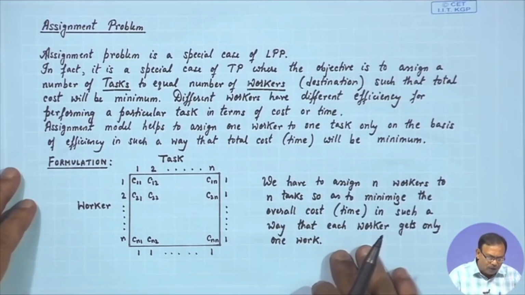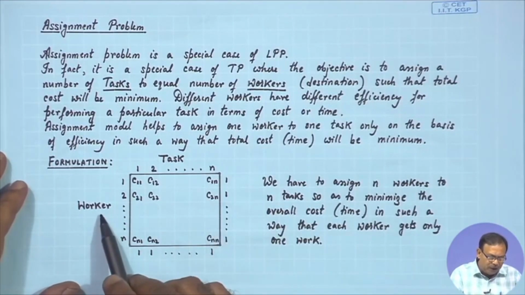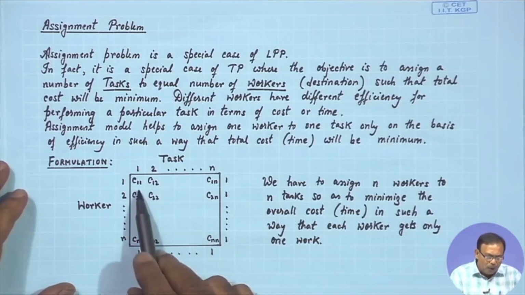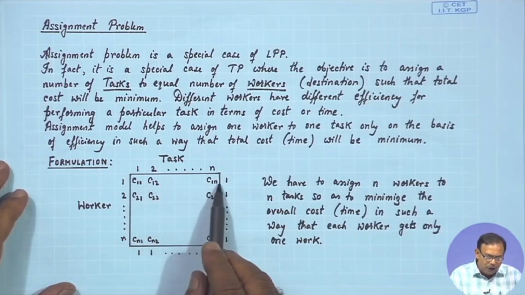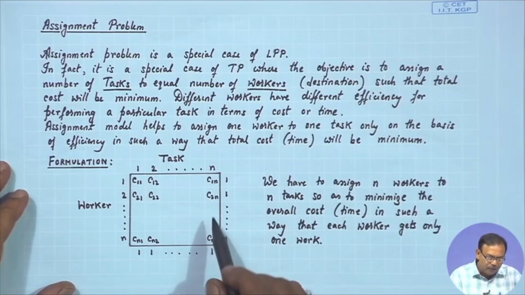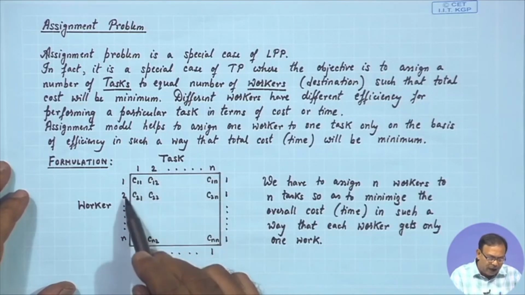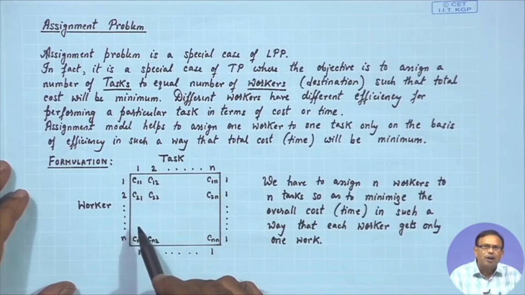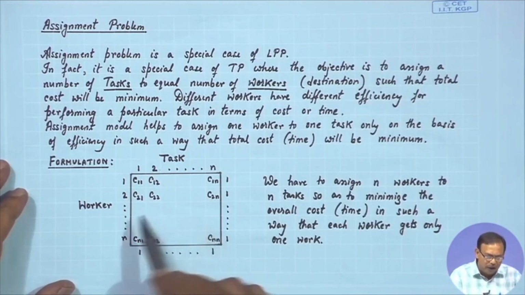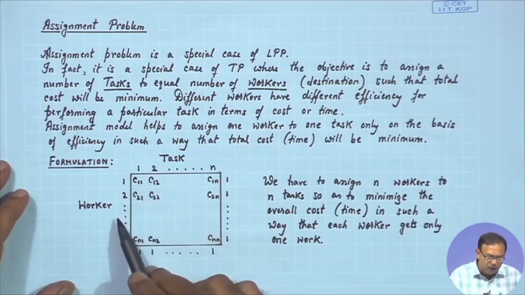So, you see the formulation over here. We have written workers on this side and tasks on this side. We have the associated costs C11, C12, C1n, and like this Cn1, Cn2, Cnn, and we have n tasks and n workers. Unlike the transportation problem, where m may not be equal to n, here m should be equal to n.